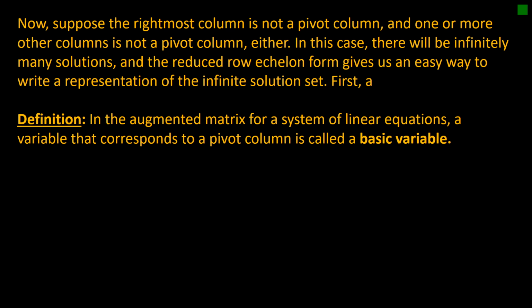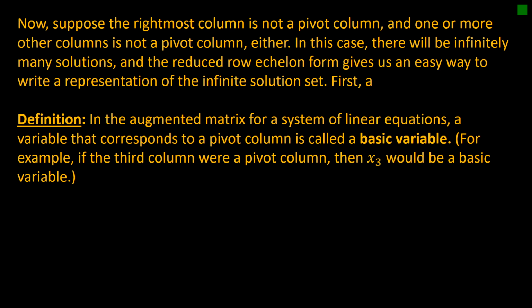In the augmented matrix for a system of linear equations, a variable that corresponds to a pivot column is called a basic variable. So if I have the augmented matrix and I put it in echelon form or reduced row echelon form to where I can see where the pivots are, if I have a pivot column, the variable associated with that is called a basic variable.